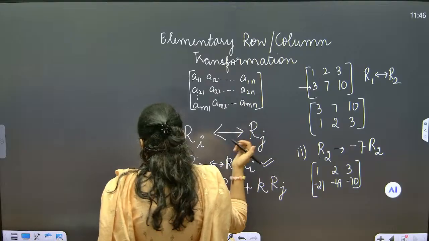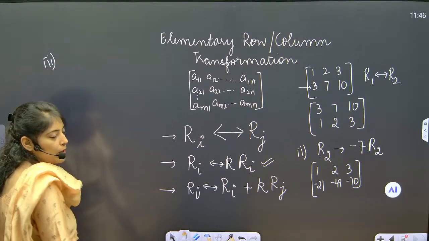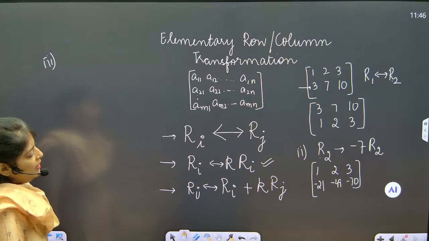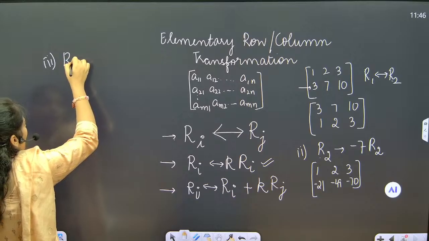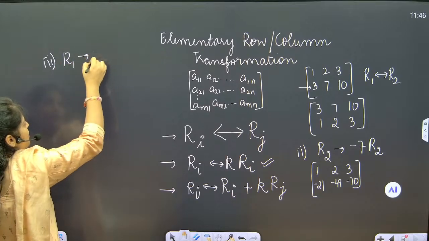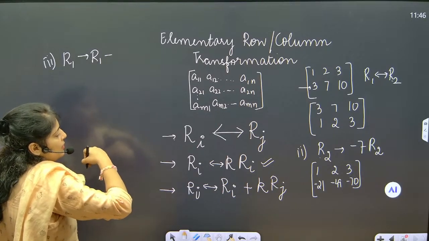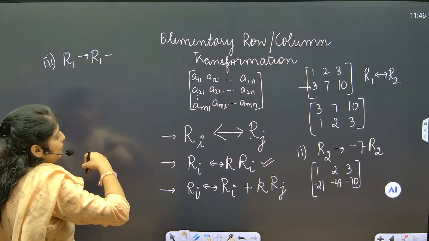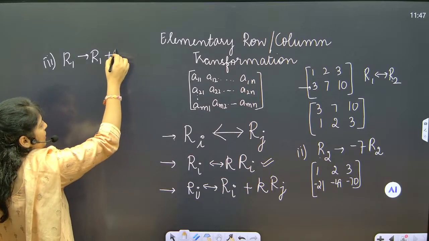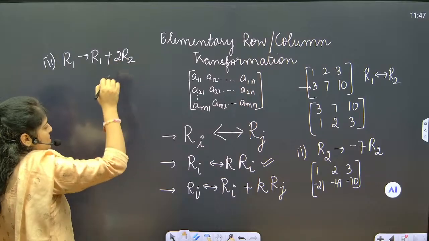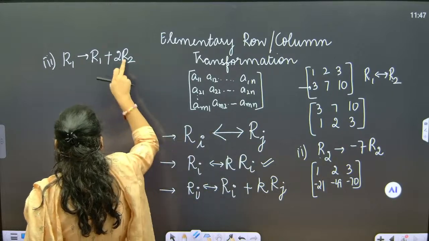Now suppose I take that matrix and apply the third elementary operation. Now see what I am doing: R1 I will change, and if I want to subtract or add 2 times of R2, suppose, or one more operation I can apply.